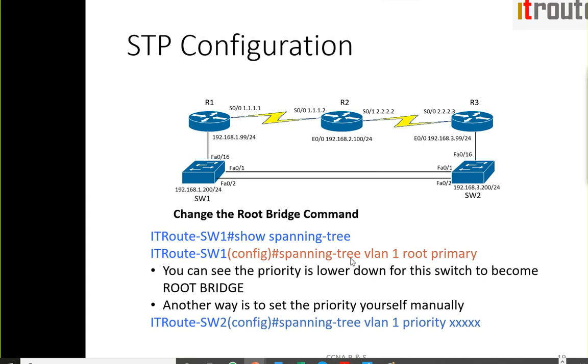The command is spanning-tree vlan 1. You need to put the VLAN and then root primary, and this is one of the ways we can make a switch the root switch straight away. Or if you want to manage the priority in your network, we can do that as well. We can lower the priority, make a switch a lower priority switch, and then make that one the root bridge. So we have both options available.